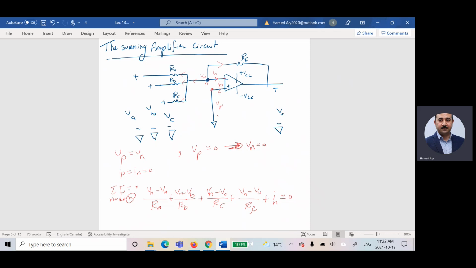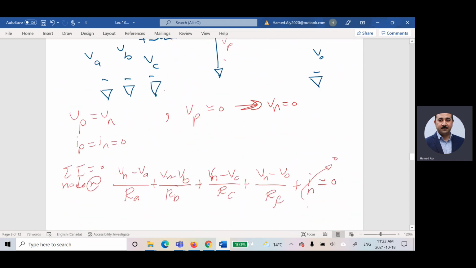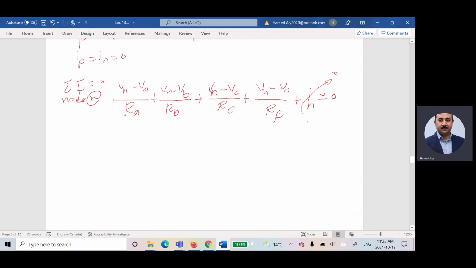You told me that In is equal to 0. So based on that, I can rearrange that equation and find Vo. Vo is equal to negative Rf over Ra times Va plus Rf over Rb times Vb plus Rf over Rc times Vc.